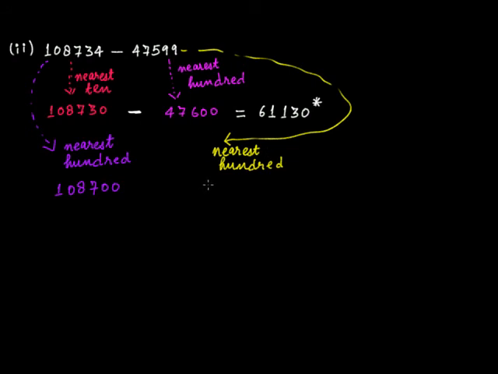So same here, 47,600. Now subtract it. So the estimated value in this case will be 61,100. Right? 61,100. So this is another possible estimation.